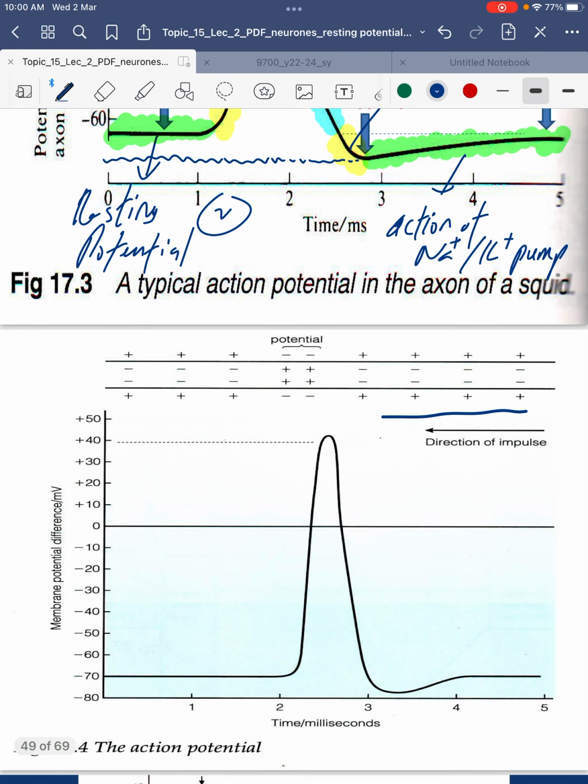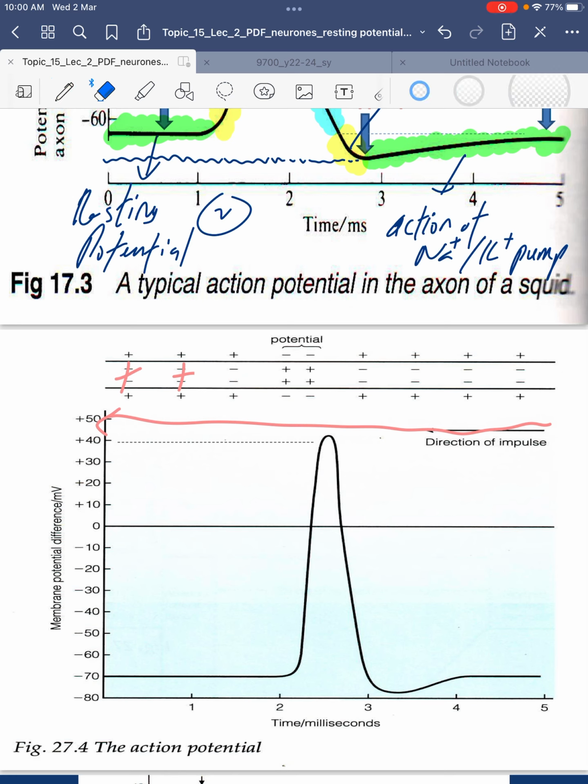So the propagation of the nerve impulse here. When it moves along this pathway, eventually this region becomes positive, and the previous positive region becomes negative.